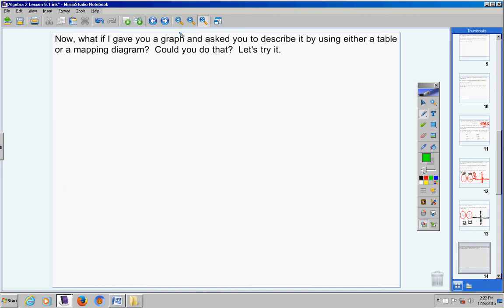Now, what if I gave you a graph and asked you to describe it by using either a table of values or a mapping diagram? Could you do that? Let's try. I want to give you a graph and ask you to describe it by using a table of values or a mapping diagram, okay? So here we go.